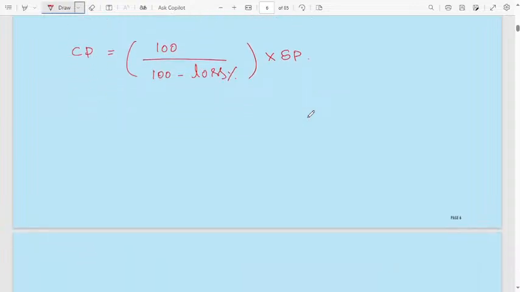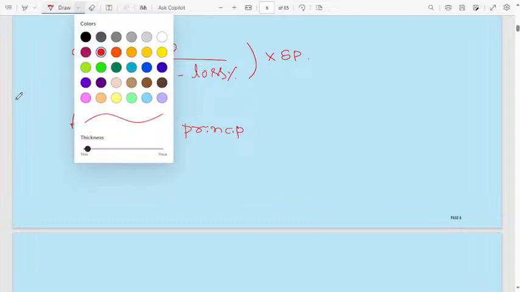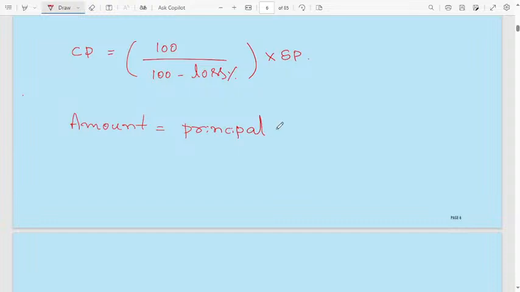Then next, why am I giving the list? At least it will be helpful for you when you do the quick revision. Then amount will be equal to principal plus interest.